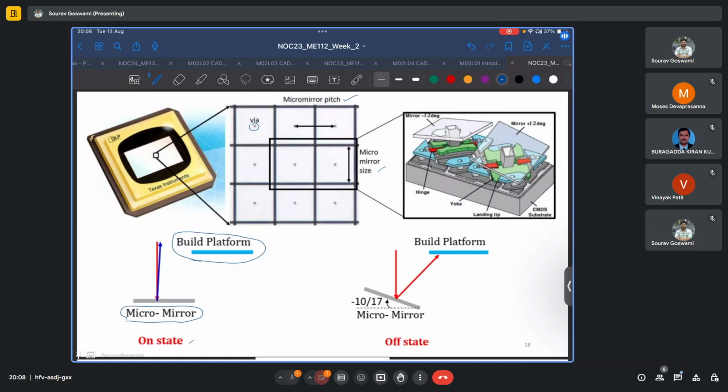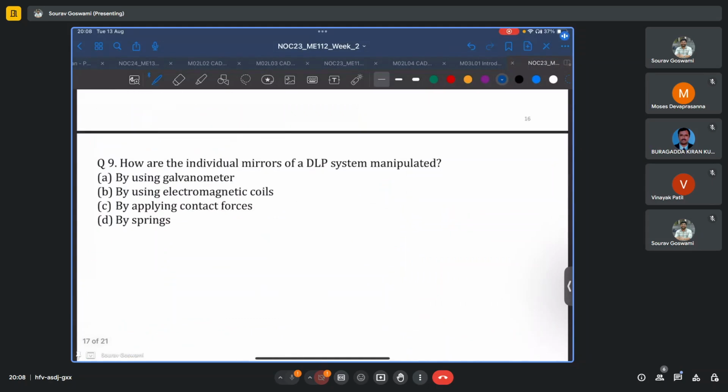Whereas in the nominally off state, the energy which is incident is reflected towards the build platform. And this actuation is achieved by using electromagnetic coils, as we already discussed.